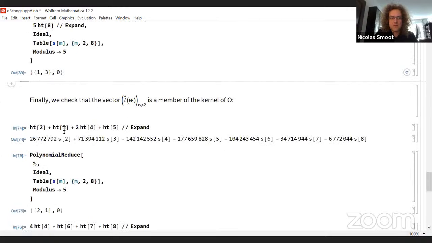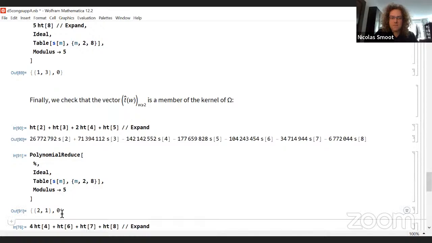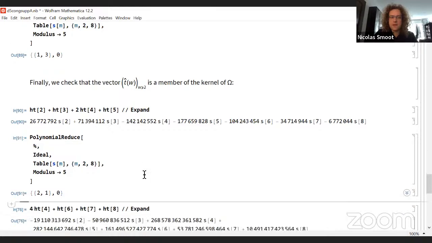I expand that out, which takes a moment because the computer has to do a quick computation. There it is. Then we reduce this mod that ideal, and the remainder comes out 0. So this goes to 0 mod 5, so long as the functions S are in the associated ideal.